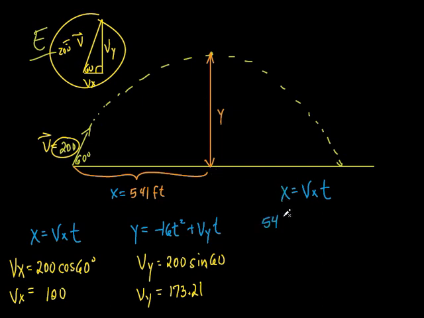So let's put the stuff in here. 541 equals Vx, which is 100, times what? Times t. Now I can find the time at this particular spot right here. I can find the time from this, right? And so I just divide by 100, and look, I don't even need a calculator for this. 541 divided by 100 is just 5.41 seconds. And that's what the time is right here, 5.41 seconds.